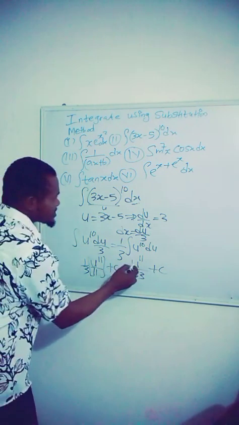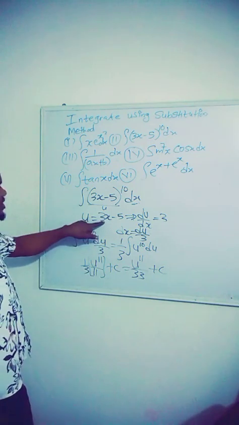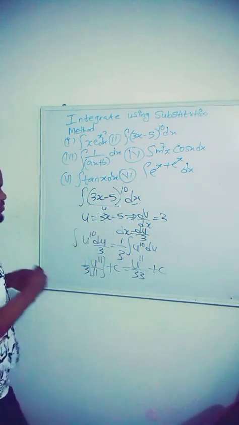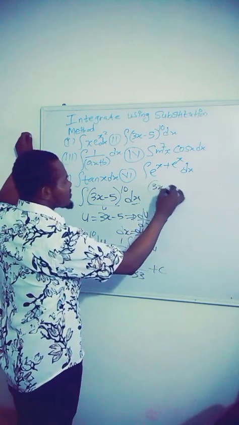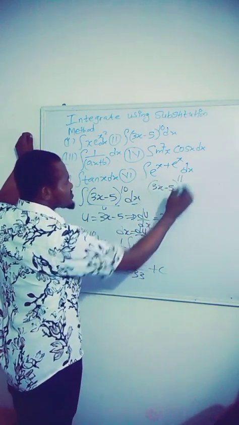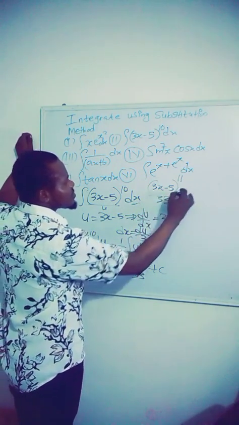Now you just replace u. What is our u? u is 3x minus 5. So the final answer will be (3x minus 5) raised to power 11 divided by 33 plus c.